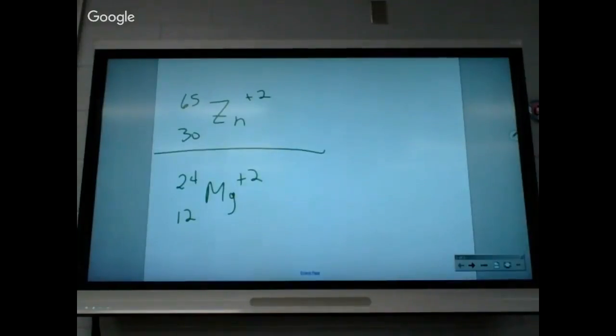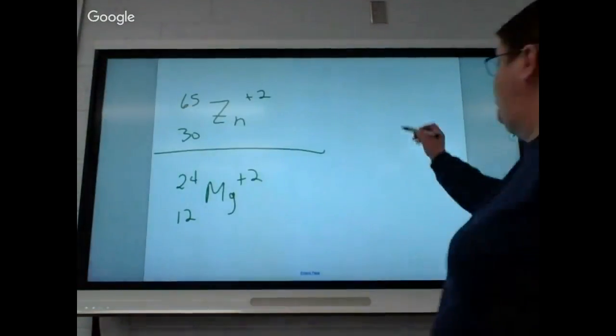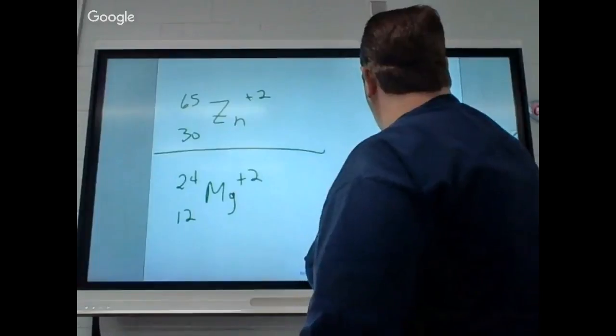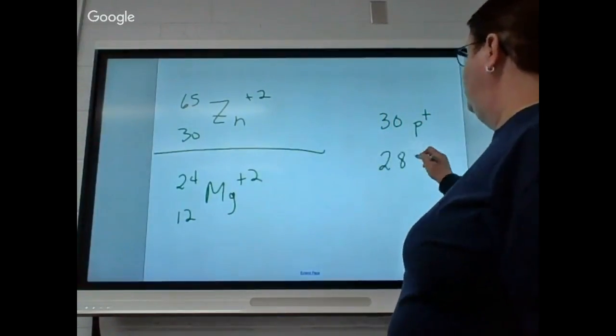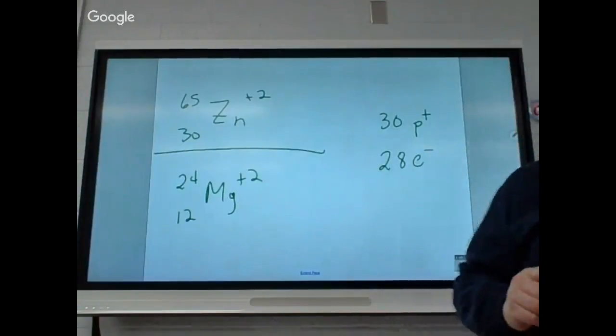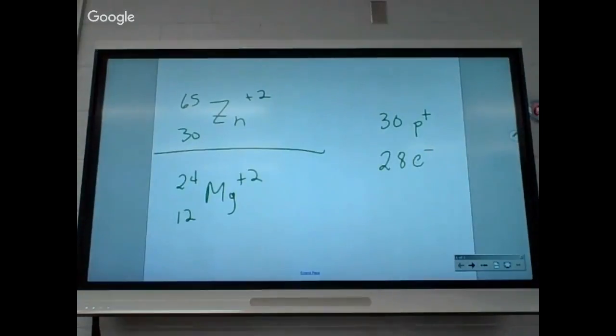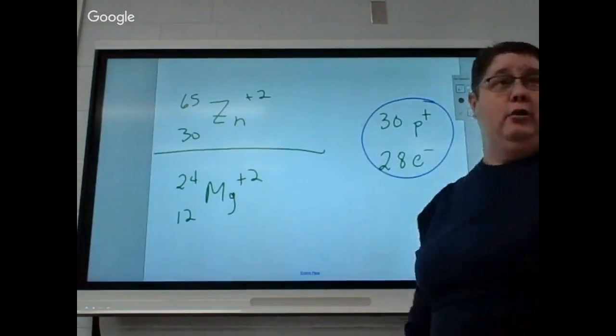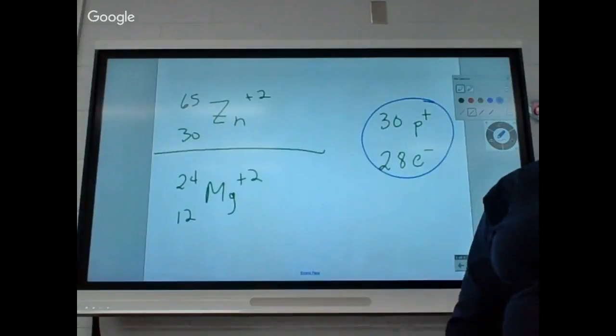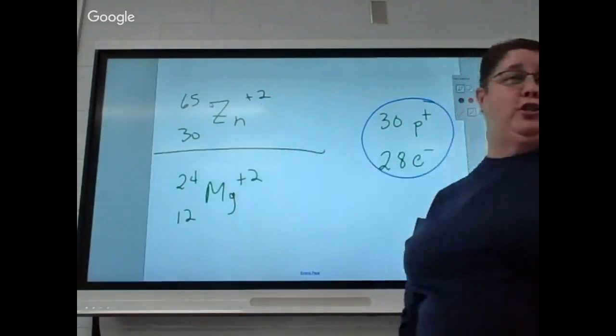Okay, so when you look at this, can we agree that you have 30 protons and you have 28 electrons? Okay, that they're different. All right, so as long as these are different, you're going to have a charge. Can we agree on that? All right, when they're the same, there will not be a charge here.